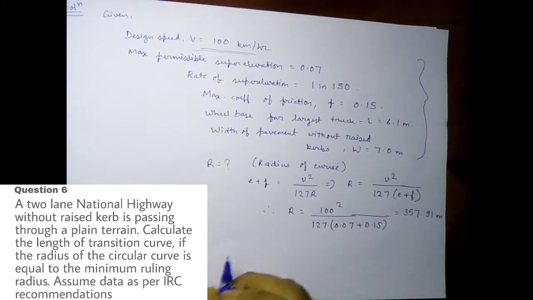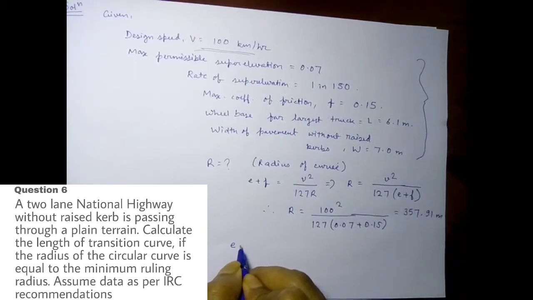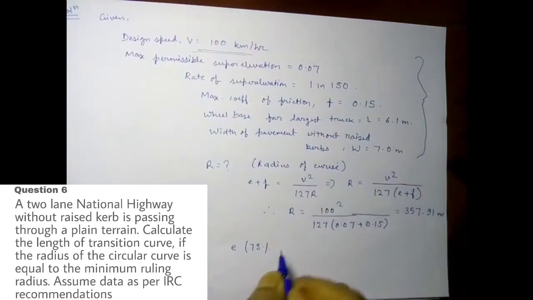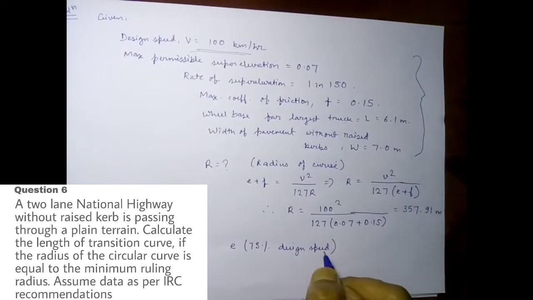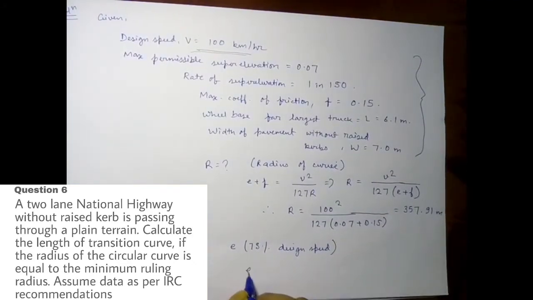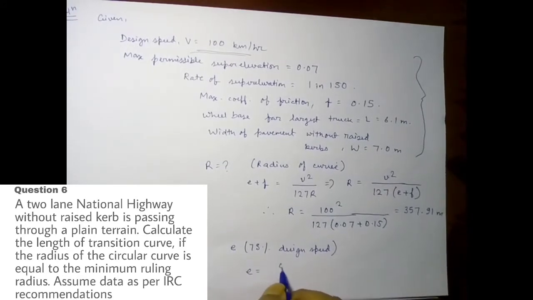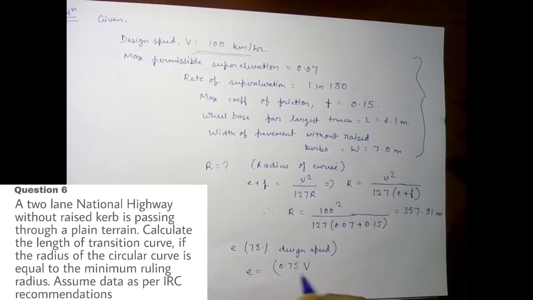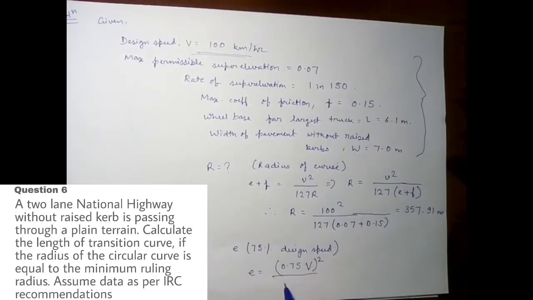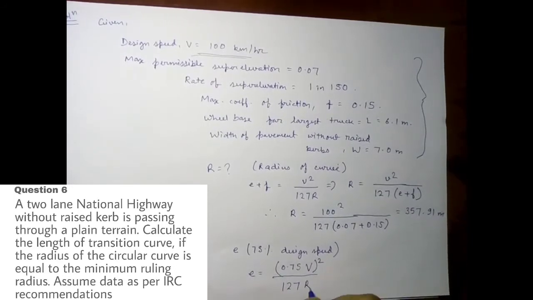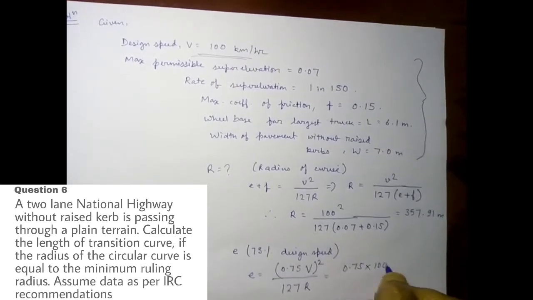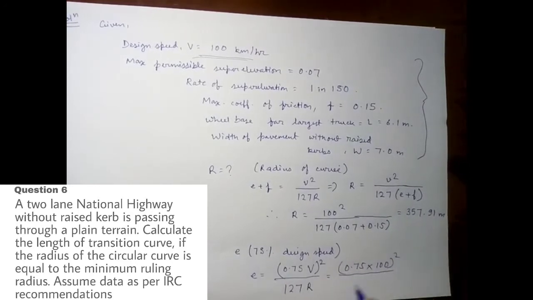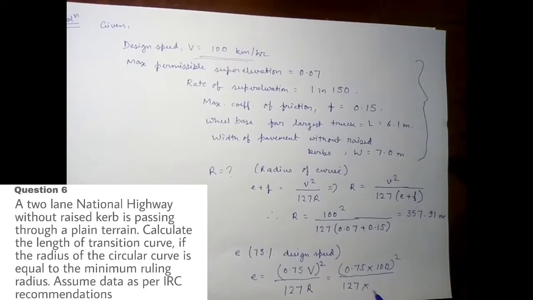Now super elevation for 75% design speed, and that is equal to E is equal to 0.75 times the design speed whole square upon 127 times the radius of curve, that is equal to 0.75 into 100 square upon 127 times 357.91.